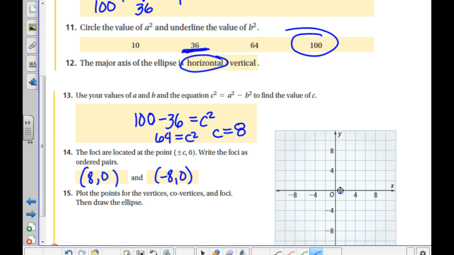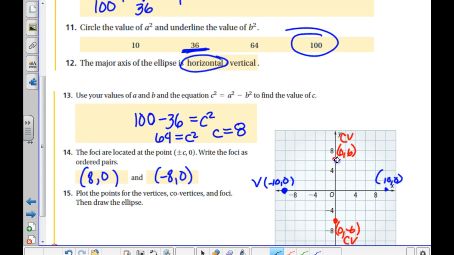Can you do a quick sketch on your paper there? Are they counting by 2s? That's the ends of the minor axis.